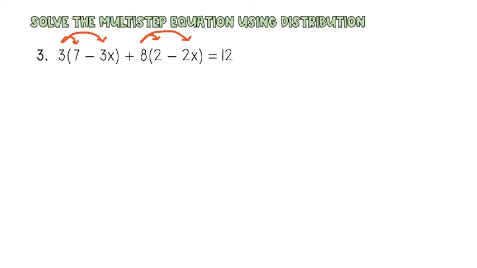We have a positive 3 times positive 7, so my answer is 21. We have a positive 3 times a negative 3x, so my answer is a negative 9x.